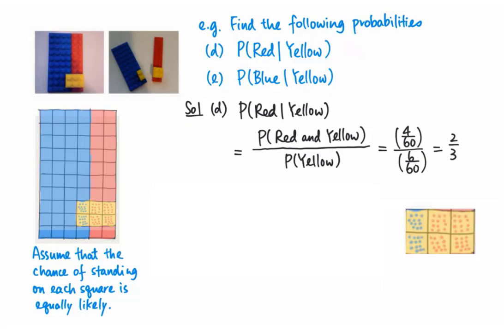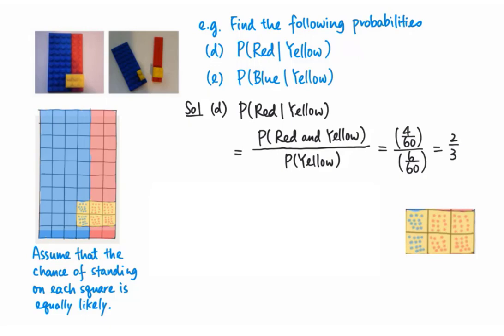We can also think of it as, first of all, we are given that the square has yellow color on it. Therefore, instead of considering the whole sample space, we only restrict our attention to these 6 squares which have yellow color on it.